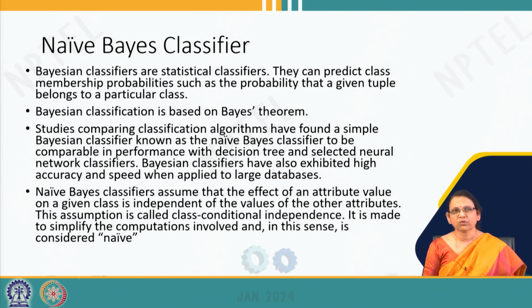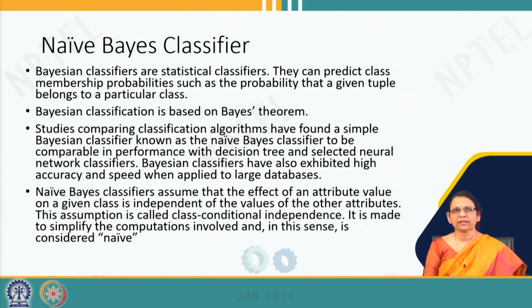So, today we are going to talk about the naive Bayes classifier. Naive Bayes is one of the simplest of the Bayesian classifiers. All these Bayesian classifiers are statistical classifiers, and they can predict class membership probabilities, and looking at this probability we can say to which class a particular tuple belongs.